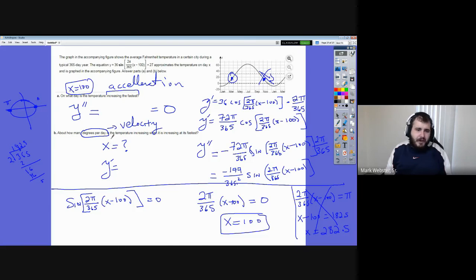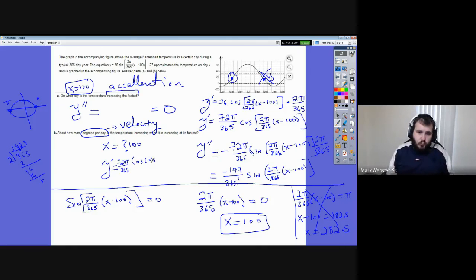And then we want to know how many degrees per day is happening at 100. So we know what x is. It's 100 now. And we want to know what y prime is at 100. And if we look here, 100, oh, look, that's going to cancel out, right? So we've got 72 pi over 365 times the cosine of 0, which is 1, right?